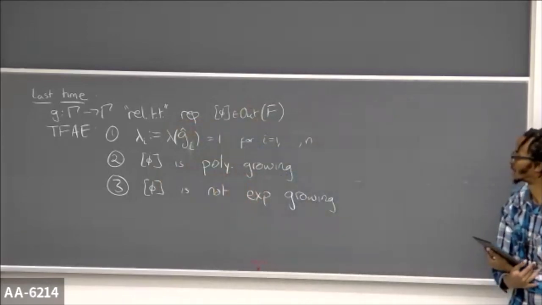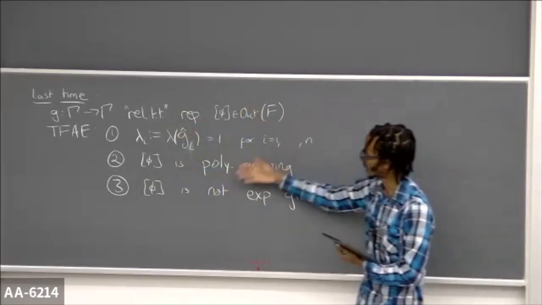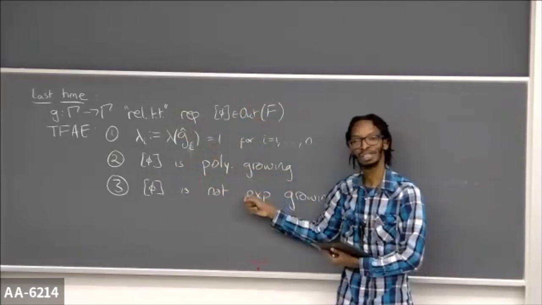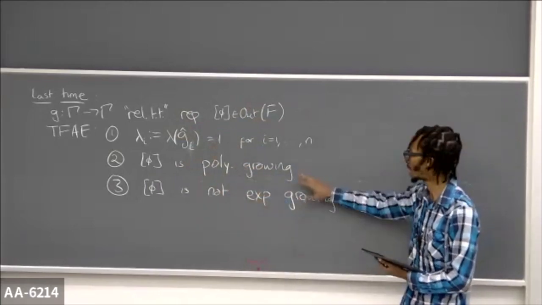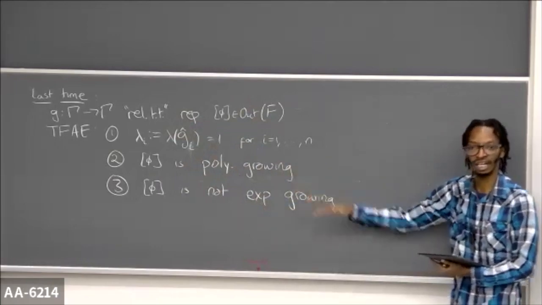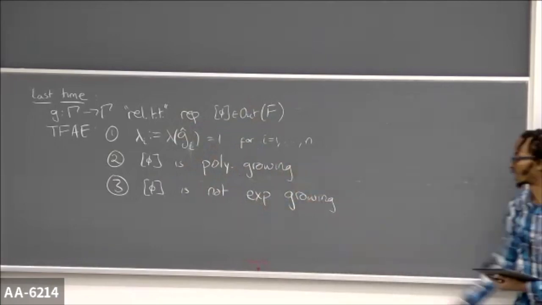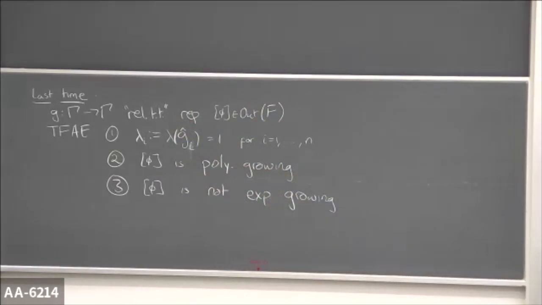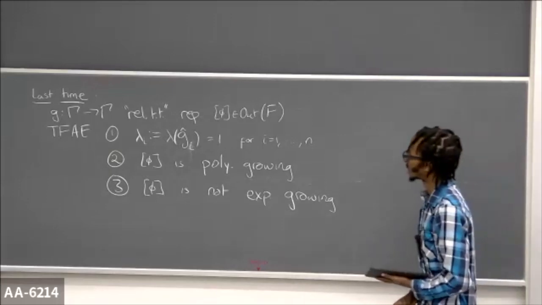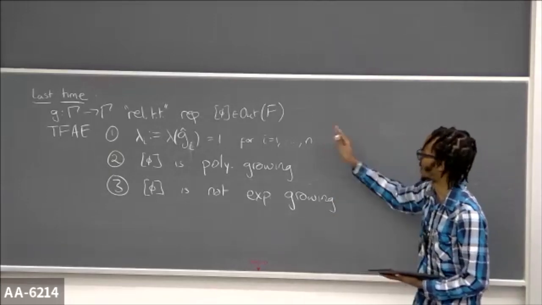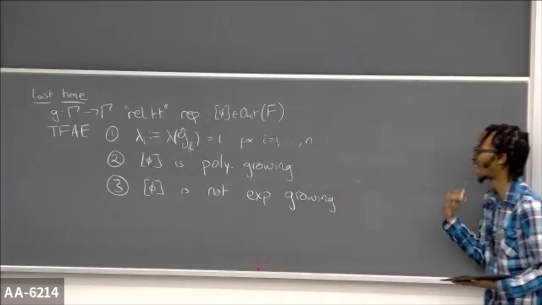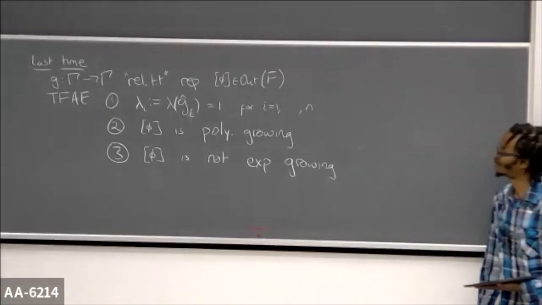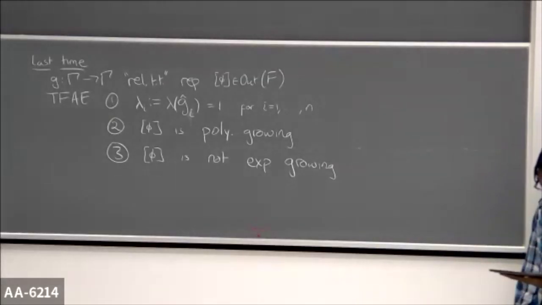One of its corollaries is that an automorphism is either polynomially growing or exponentially growing, because the way I defined these two things, it was not clear that those were the only options you can get with an automorphism. In a moment, I'll give examples of relative train tracks and how I personally think about them. And then we'll move on to talking about free-by-cyclic groups.